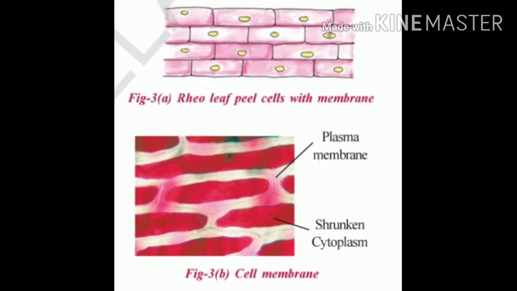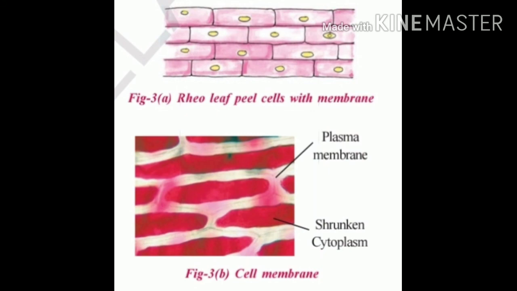The first one is without the dilute solution and the second one is with the dilute solution. When we put salt solution over the peel of the Rhoeo leaf, water which is present inside the leaf will come out from the cells. So it results in the shrinking of the cytoplasm, which you can observe in the second diagram.